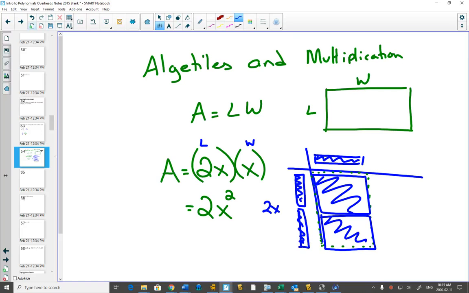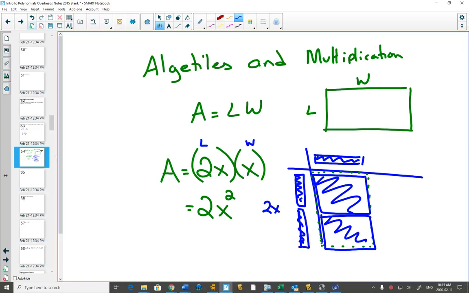So I can open it up, and if you ever want to use these on a quiz or a test, you can. I can put those pieces there.